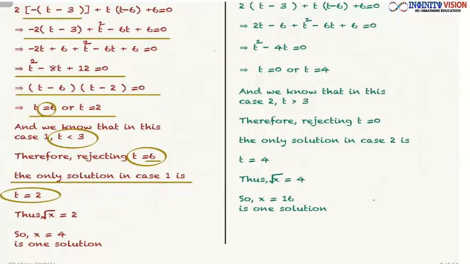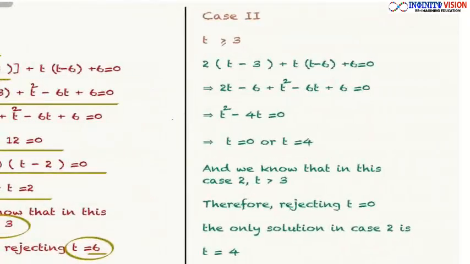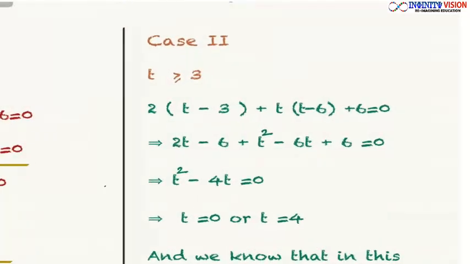Now t was not part of the question; we substituted it, so t is replaced by root x. When root x is equal to 2, x is equal to 4. So x = 4 is one solution. Now focusing on case 2, where t is greater than or equal to 3.